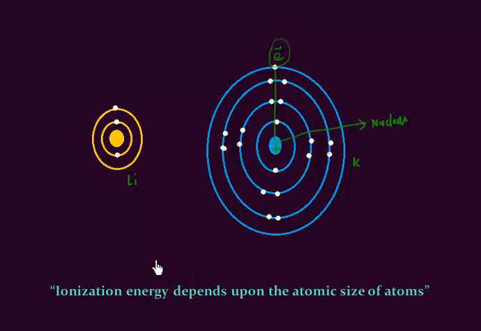Or in other terms, we can say ionization energy is inversely proportional to atomic size. And one more definition we can use, that as the nuclear charge increases, the ionization energy also increases. So we can say that ionization energy is directly proportional to nuclear charge and inversely proportional to the atomic size of atoms.